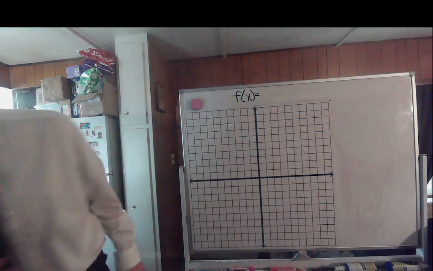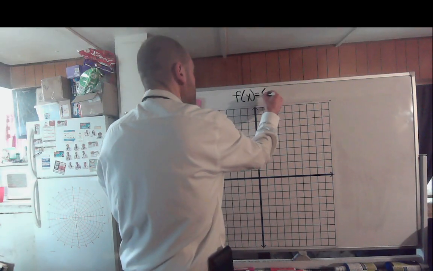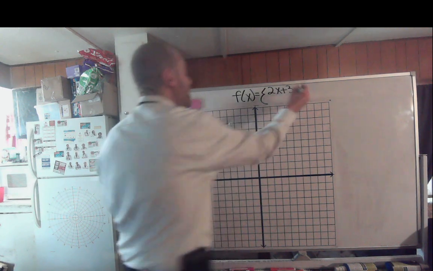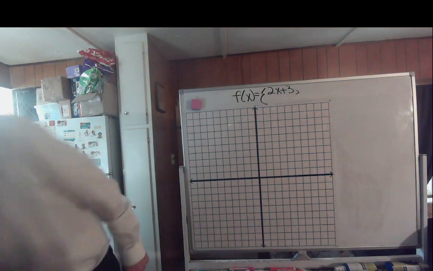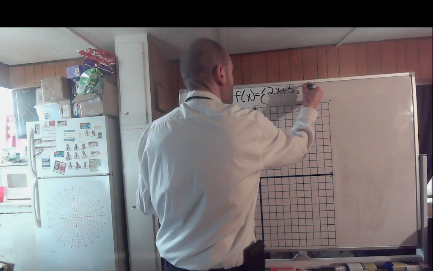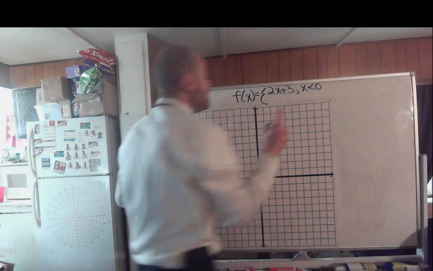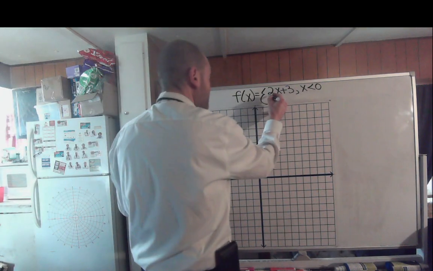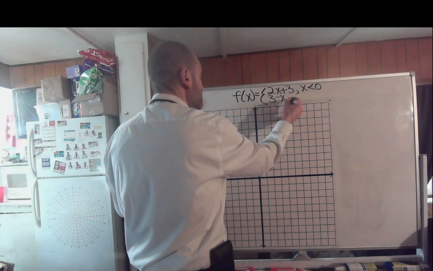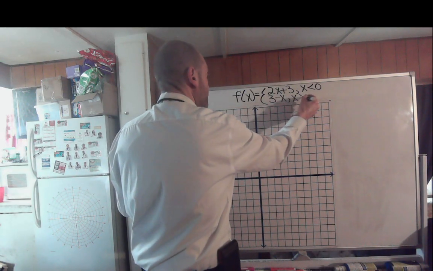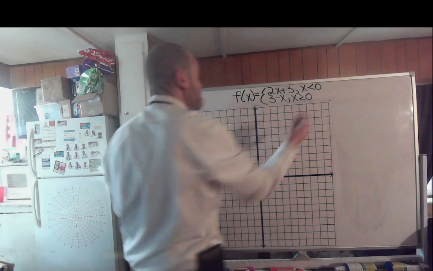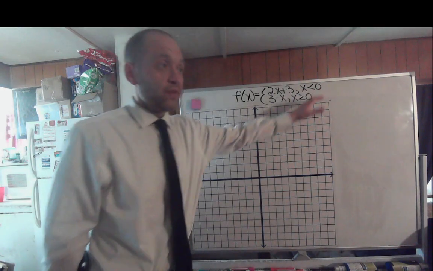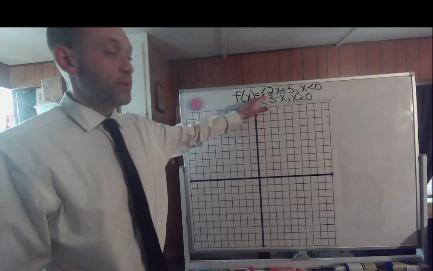So for example, f of x equals 2x plus 3 when x is less than 0, and it also equals 3 minus x when x is greater than or equal to 0. So this tells you for what values of x which function it's going to behave as.